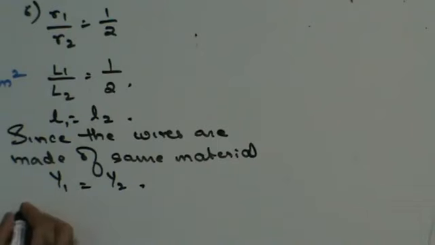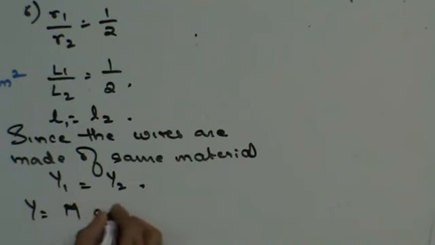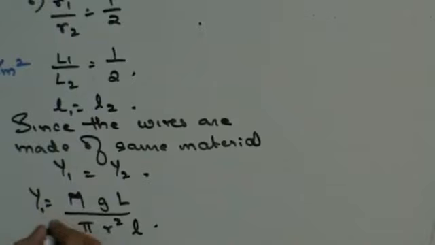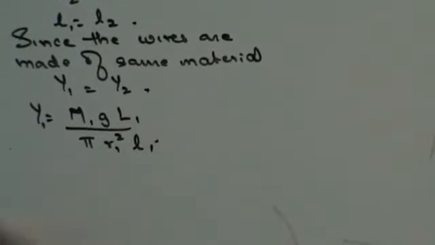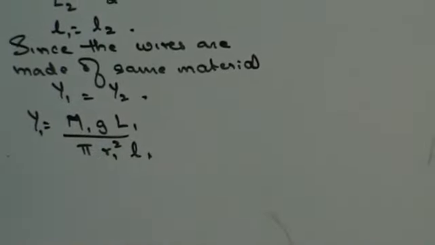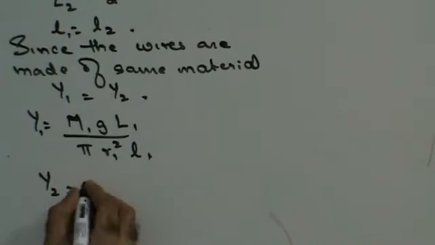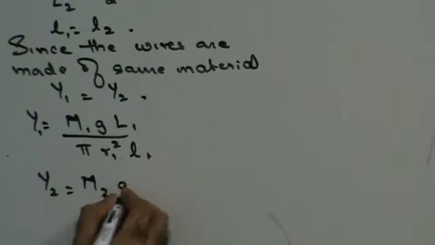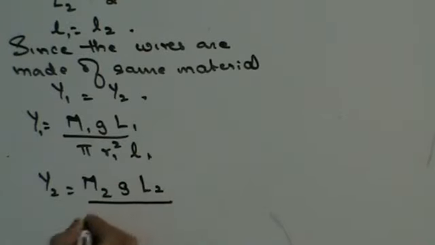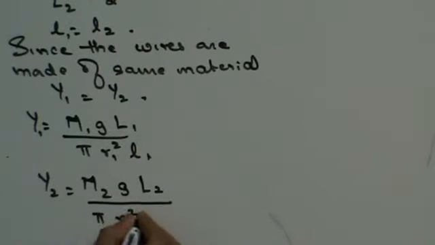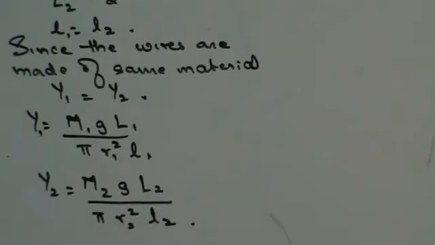Now we know that Young's modulus is nothing but mgL upon pi r square l. So Young's modulus 1 is going to be this, right? Similarly, Young's modulus 2 of the second wire will be M2 g L2 upon pi R2 square l2. Divide the two equations.